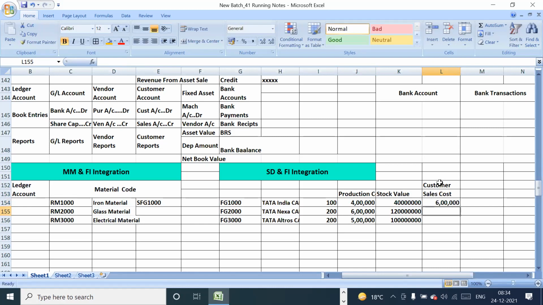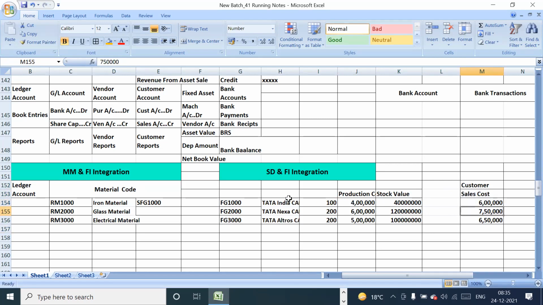If this car's manufacturing cost is 6 lakhs, then I can sell to my customer at 7,50,000. The Altros car is, suppose, 5 lakhs; I can sell to my customer at some 6,50,000. This is my selling cost, sales cost. So here we get some margin.